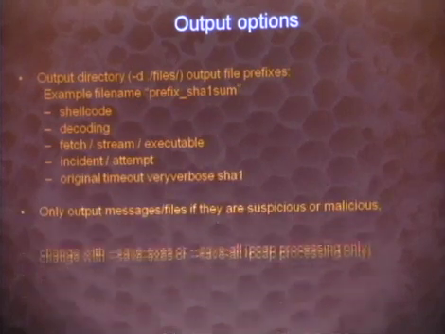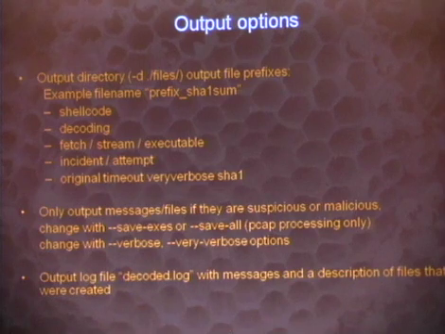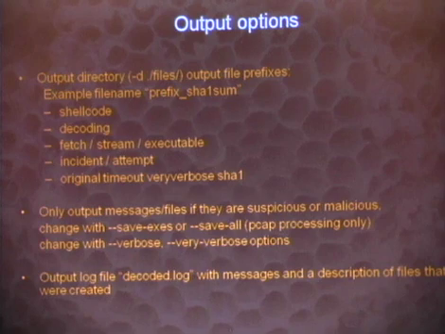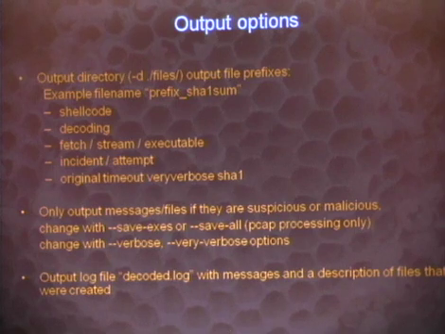So there's an output directory with Jsunpack, and it creates various types of files. Whenever it decodes something, it'll create it according to that name. In the post-processing, when it decodes shellcode, it'll create it of that name.